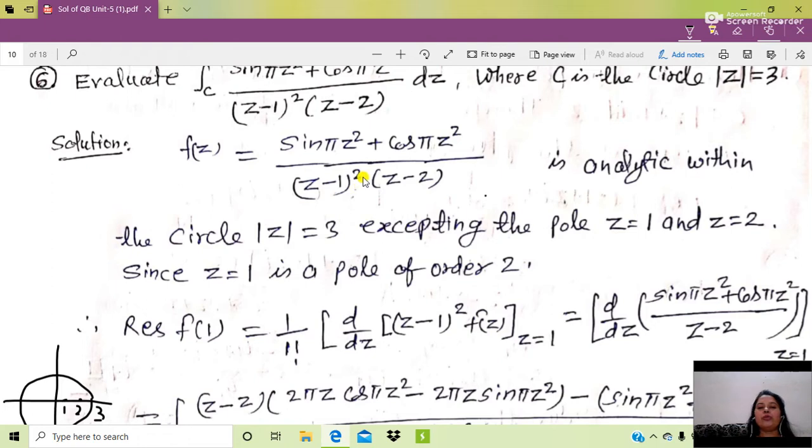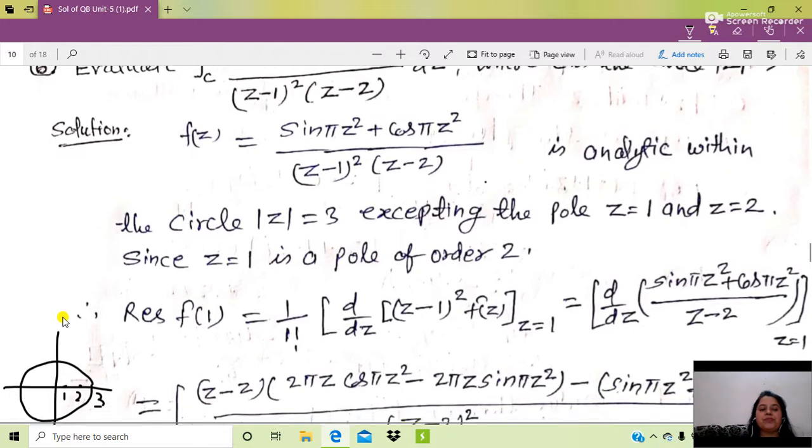So we have z = 2, a simple pole, and at z = 1 a pole of order 2. To evaluate the integration, we use the residue theorem, which says that the integral of f(z) dz is equal to 2πi times the sum of residues at the inside poles. Now we have two poles, z = 1 and z = 2.